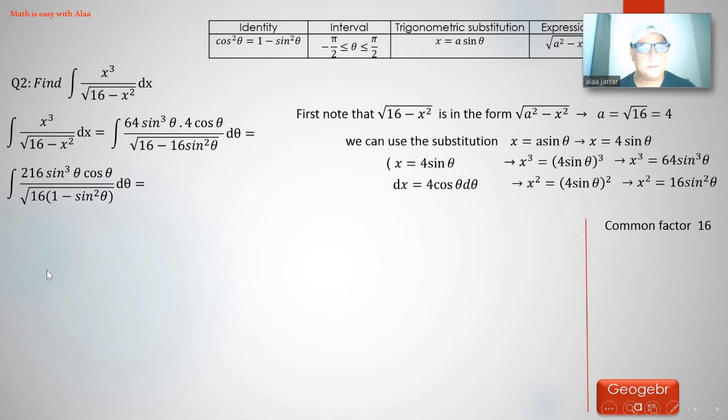Now, 1 minus sine squared theta equals cosine squared theta. We will replace 1 minus sine squared theta by cosine squared theta.